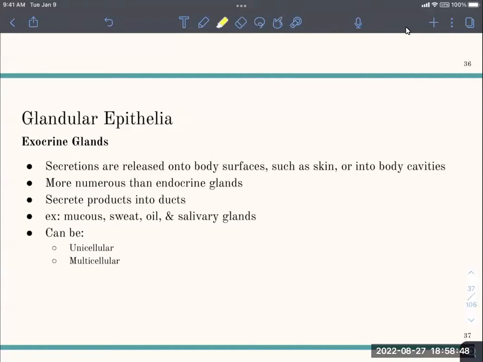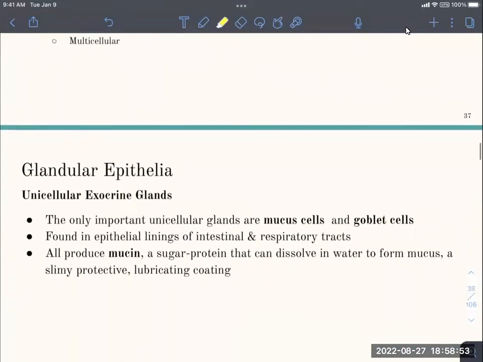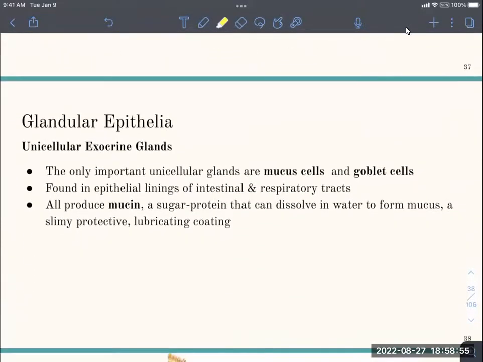They can be unicellular or multicellular. A unicellular exocrine gland is one cell that's secreting the mucus or the secretion. We have mucus cells and goblet cells. These are two cells that individually secrete whatever contents or mucus is inside.